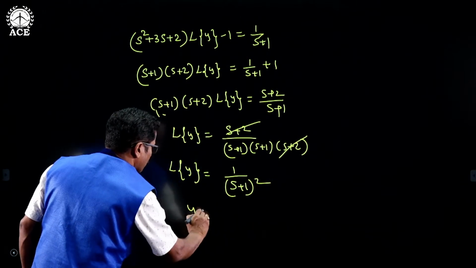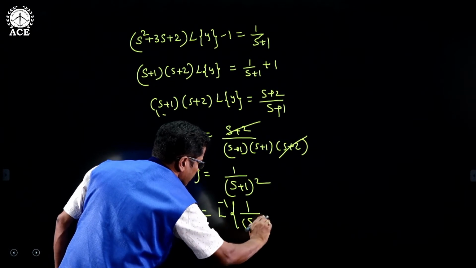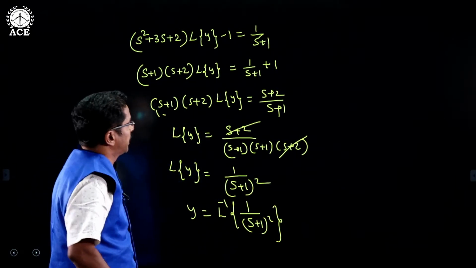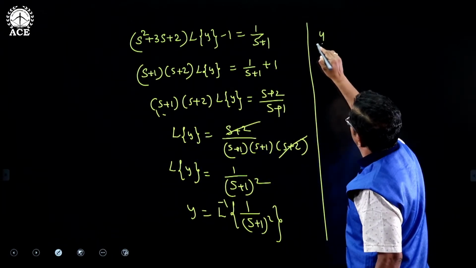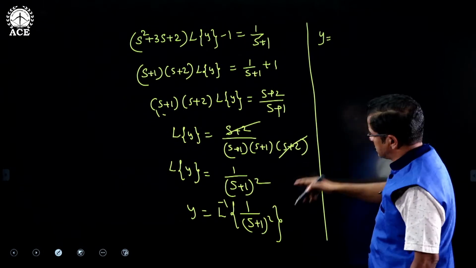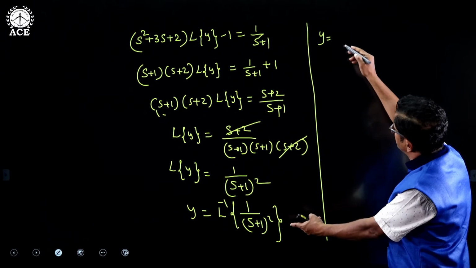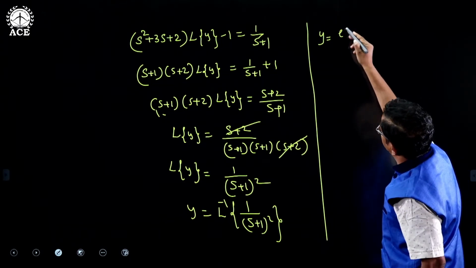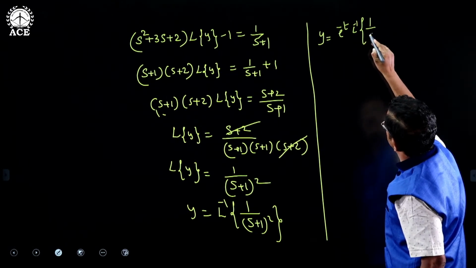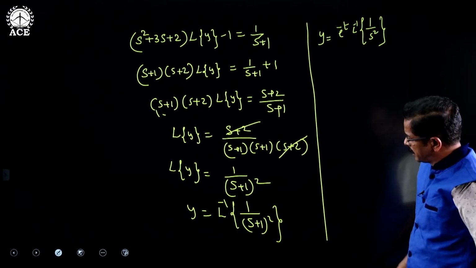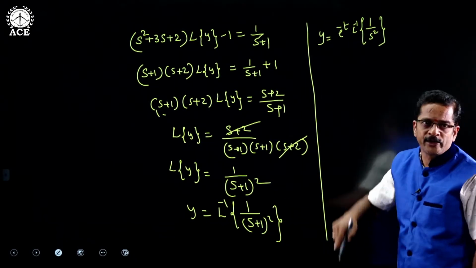Okay, so then y equals L inverse of 1 by (s plus 1) whole square. By the first shifting theorem of inverse Laplace transform, we can write e power minus t into L inverse of 1 by s square, with s shifted to s plus 1, by taking out e power minus t.